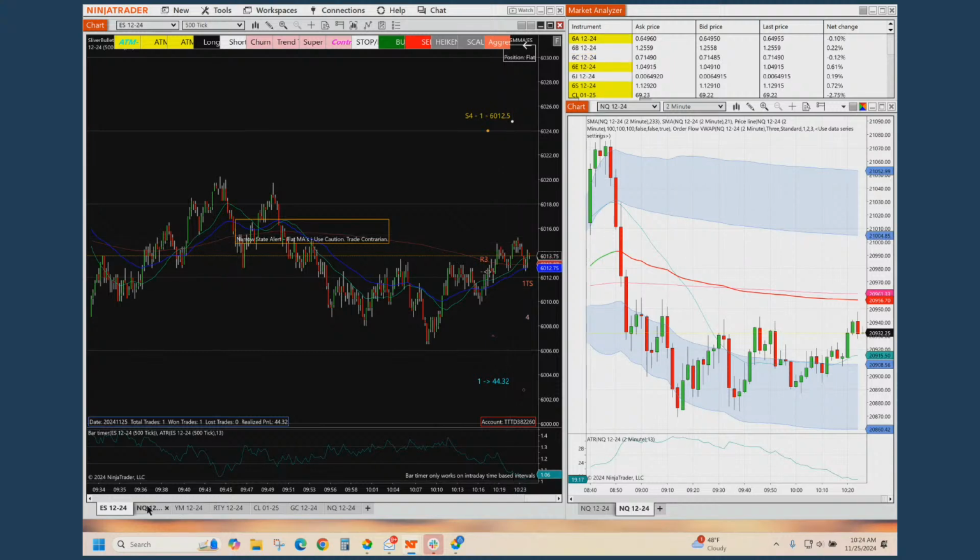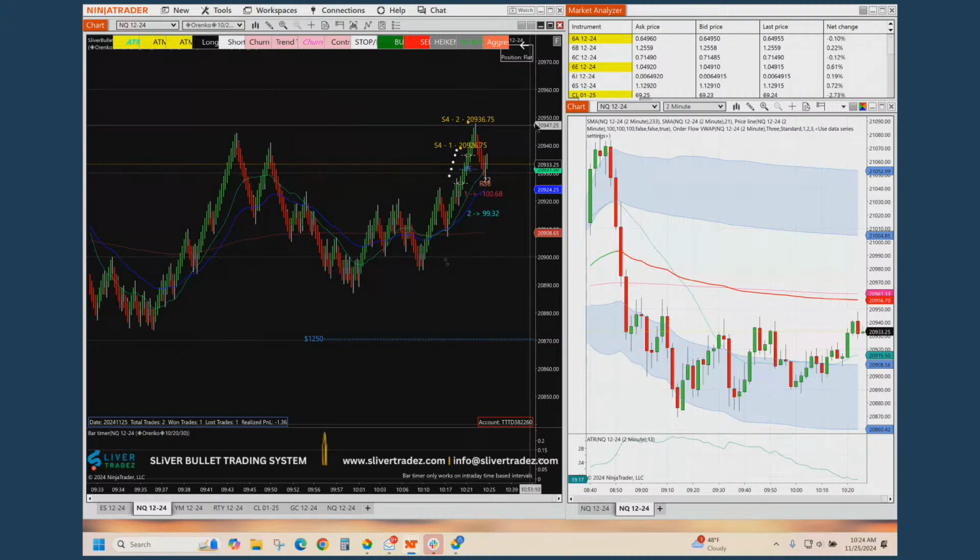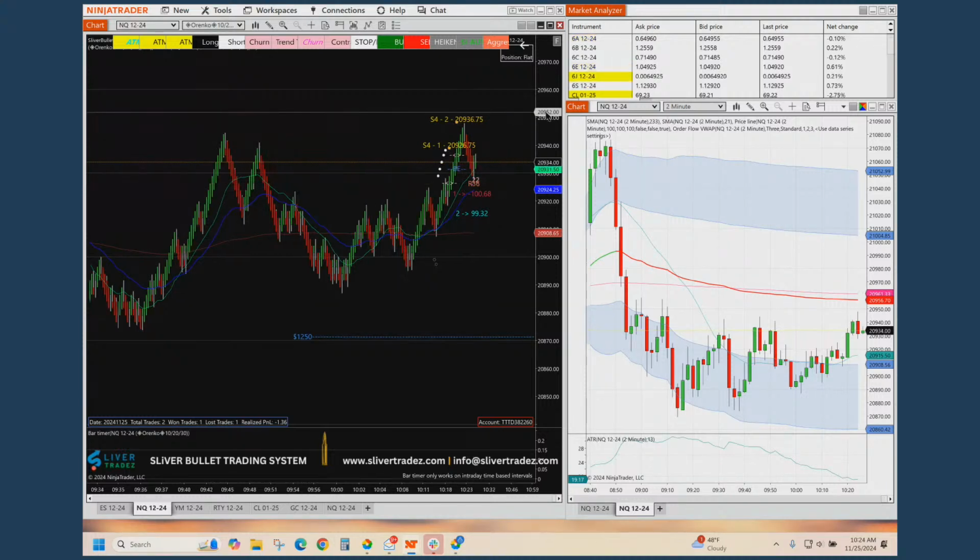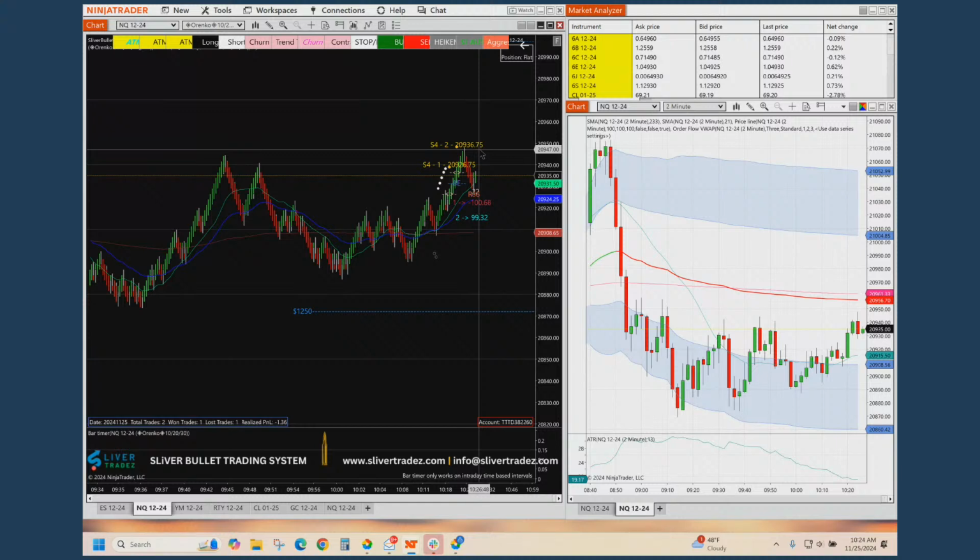For NASDAQ, again, this time I want it to be close to this top level before I initiate contrarian trade. So buy low, sell high, or sell high, buy low. That's the strategy.